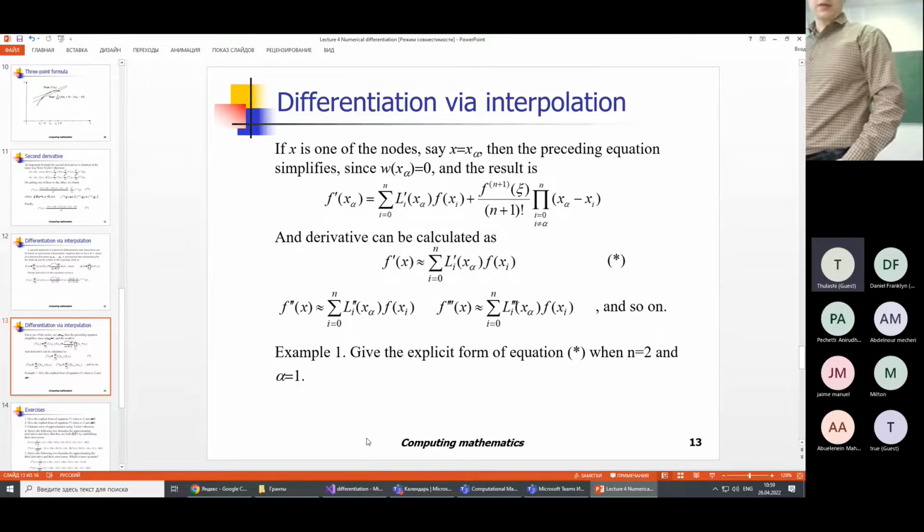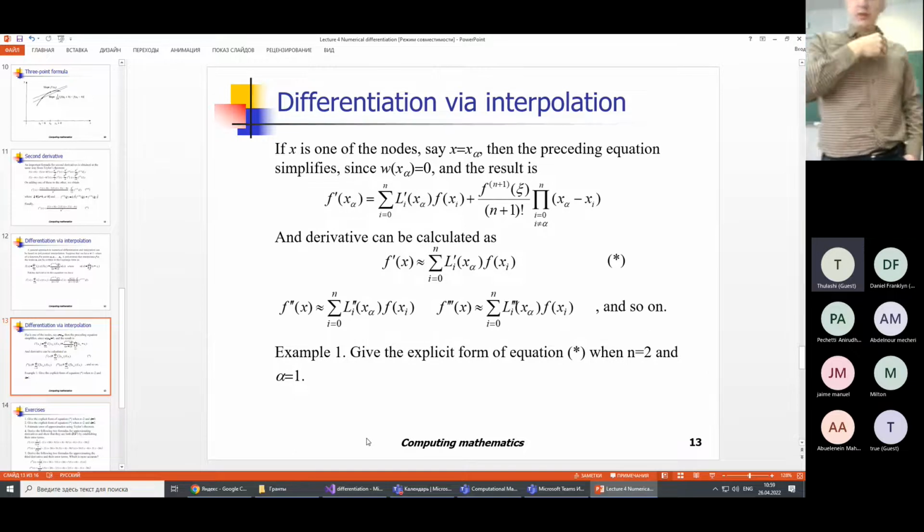These formulas can be applied for any x, for any value of x. But these formulas become very simple when x is the same as one of these x's, x0, x1, x2, or any other x.